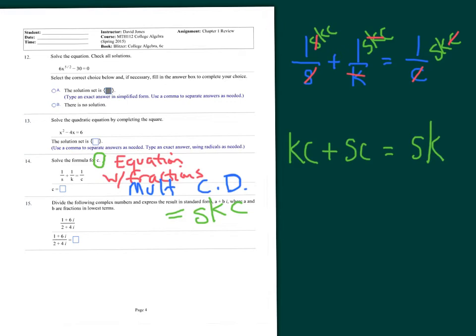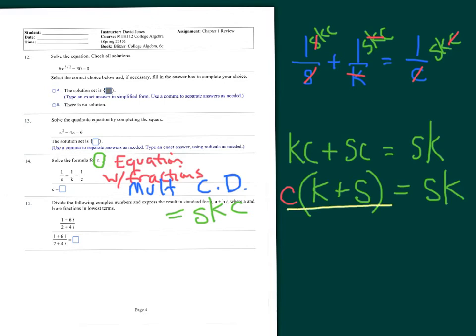And the way that we're going to do that, since we have 2 c's, you might notice that we could factor out a c out of this expression on the left. And if we do that, if we take the c out and then rewrite it, that c out of that first term leaves a k, and c out of the second term leaves an s, still equal to sk. Now we can get c all by itself if we divide by k plus s.